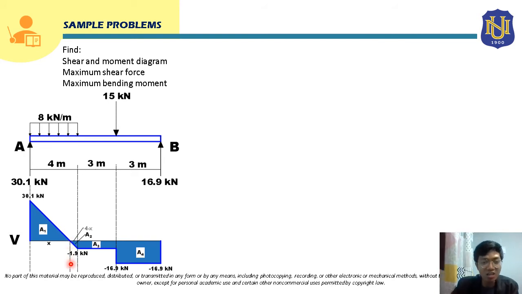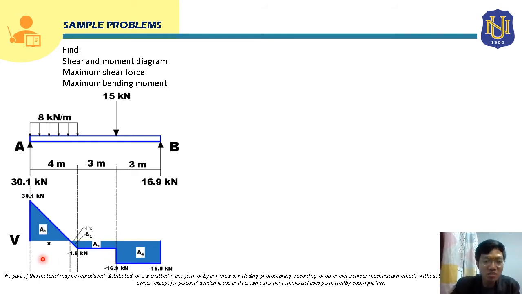Here, we have to solve first for this distance x because we don't know it yet. If this is x, and since this is 4 meters, this distance is 4 minus x. Here we are going to use proportionality for triangles.